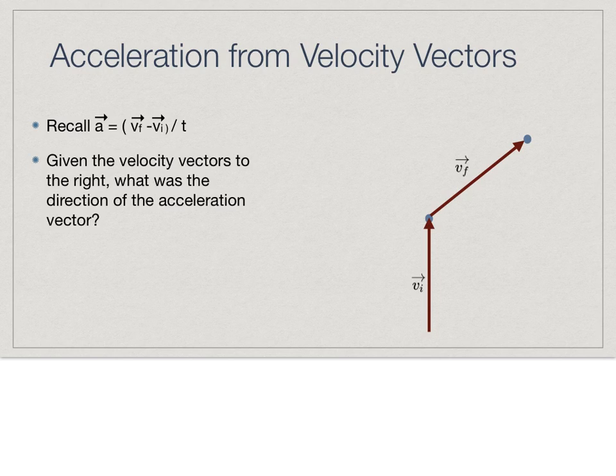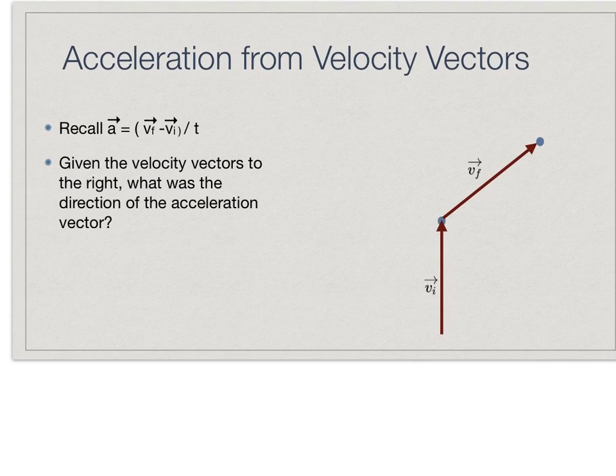Okay, as you recall, we did this slide in the previous section. We had the idea that acceleration, which is a vector, is made up of the difference between final velocity and initial velocity. Each one of these is a vector, so when we do this acceleration calculation, we're subtracting two vectors. Whenever we subtract a vector, it's the same thing as adding a negative vector.